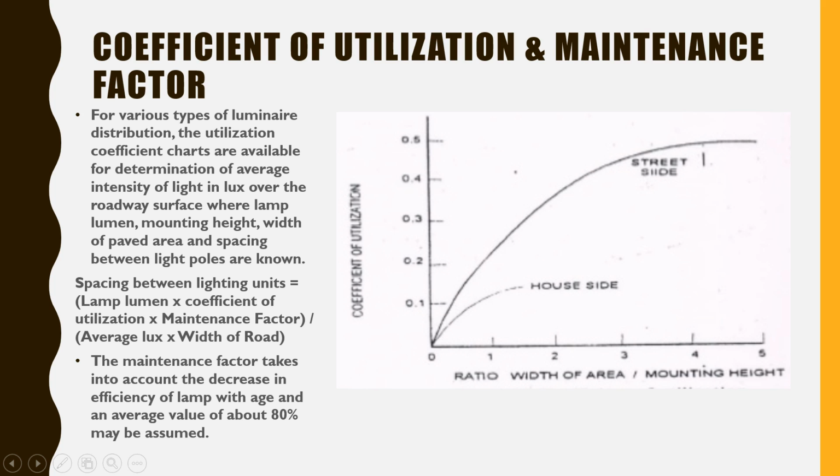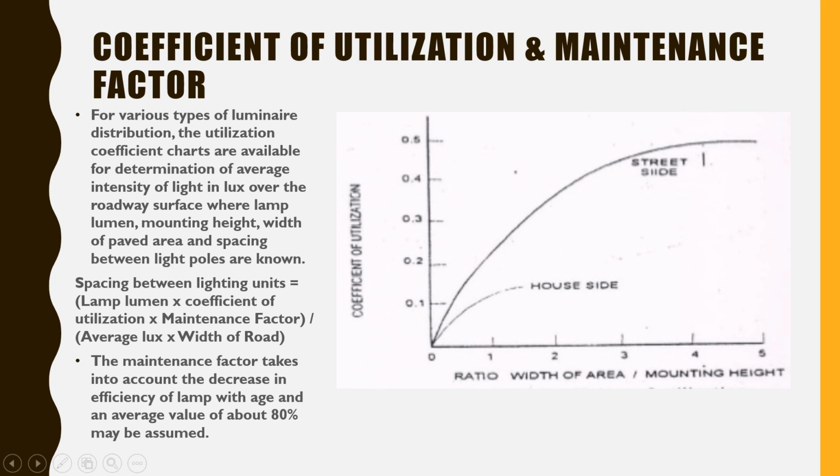Spacing between lighting units is equal to lamp lumen into coefficient of utilization, which we find from this curve, into maintenance factor, which we take as 0.8 or 80%, divided by average lux into width of road. So this is the formula by which we get the spacing between lighting units.